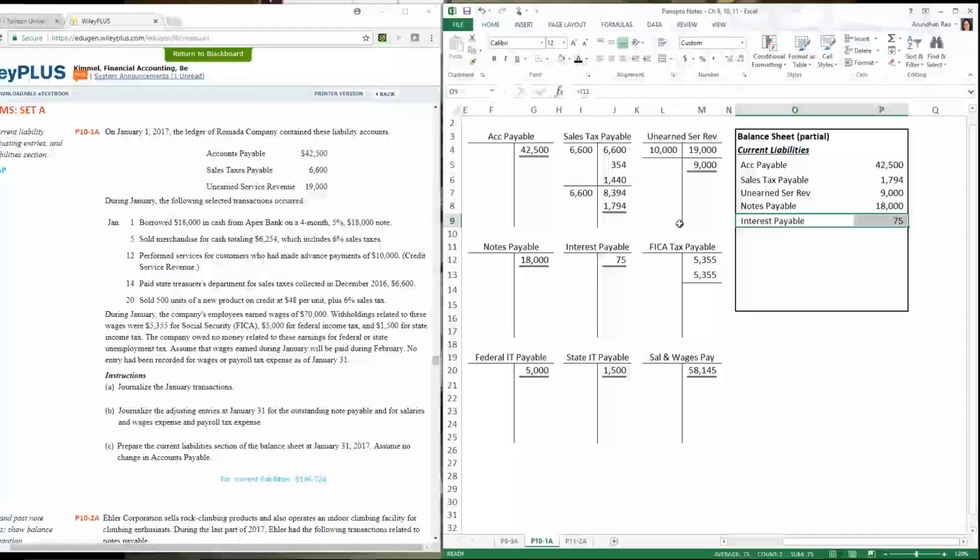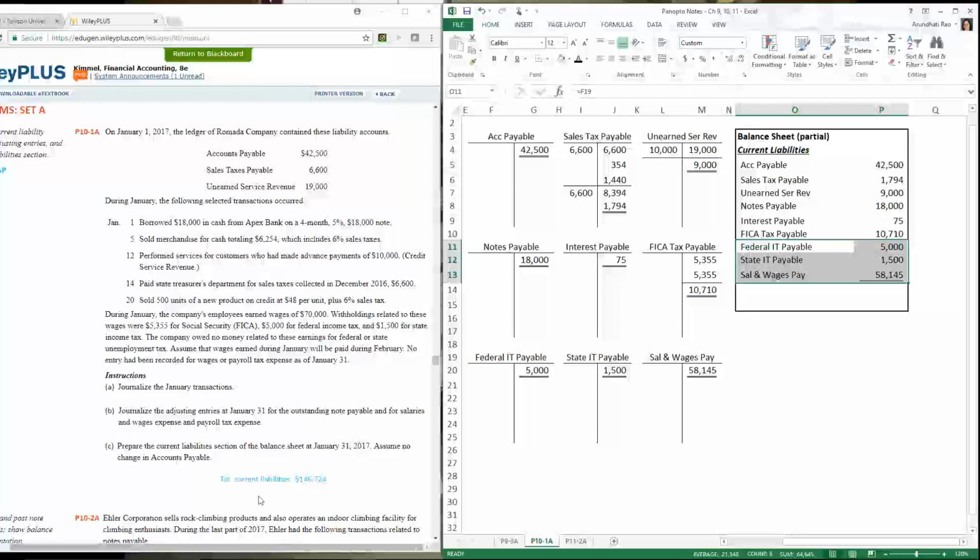I have $75. FICA tax payable, there were two entries on the credit side. Add that up, $10,710. That's the amount I put in my balance sheet. The federal income tax payable, state tax payable, and salaries and wages payable had only one entry each on the credit side. I bring those numbers over.